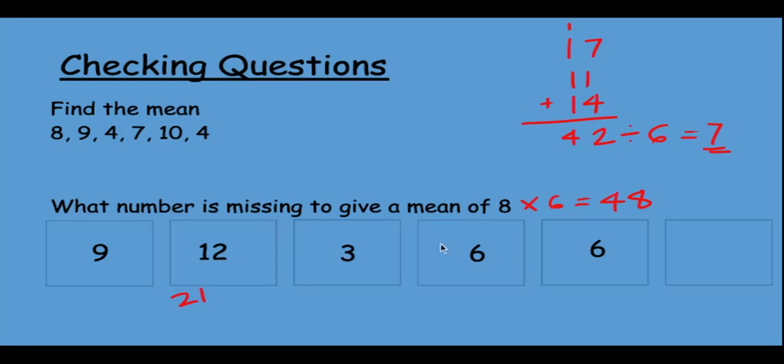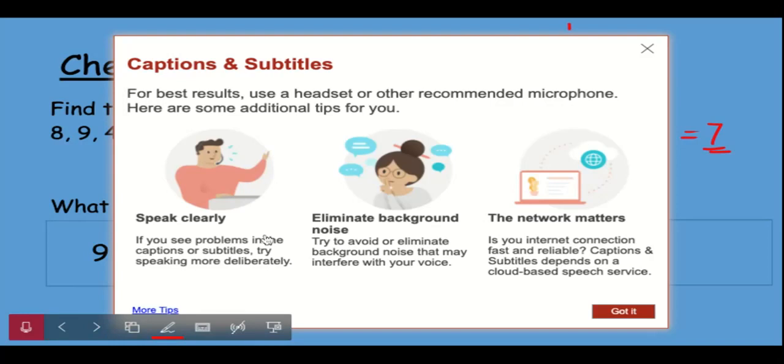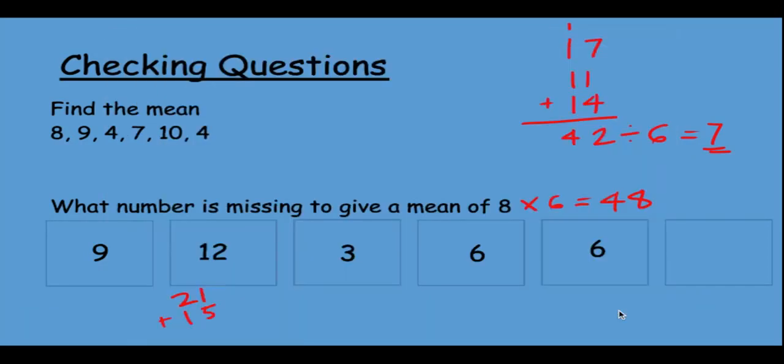And then I've got 6 and 6 is 12, and 3 is 15. I'm running out of space a little bit here. So that is 36.